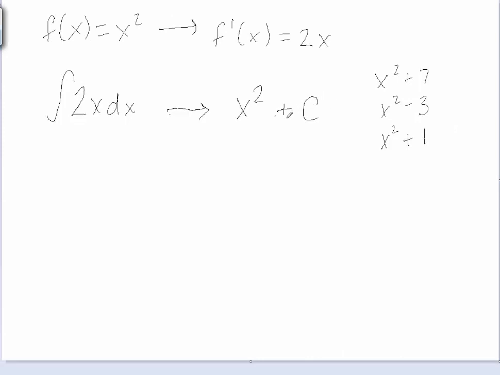And why we add this constant is because we can find the derivative of this, and then if we add on a constant, the derivative of that is always 0. So for all of these different functions, where the only difference is their constant term, they still all have the same derivative. Okay?